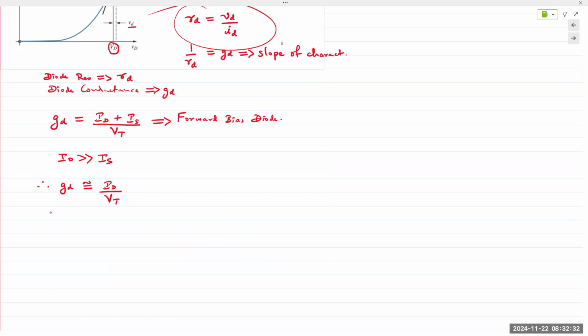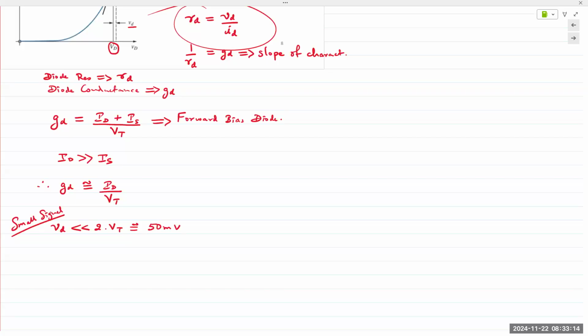And that turns out to be VD must be far, far less than twice the thermal voltage, which at room temperature is approximately 25.8 millivolts, or if we stick with our book, then 25 millivolts. So approximately 50 millivolts. So diode voltage must be far less than 50 millivolts.